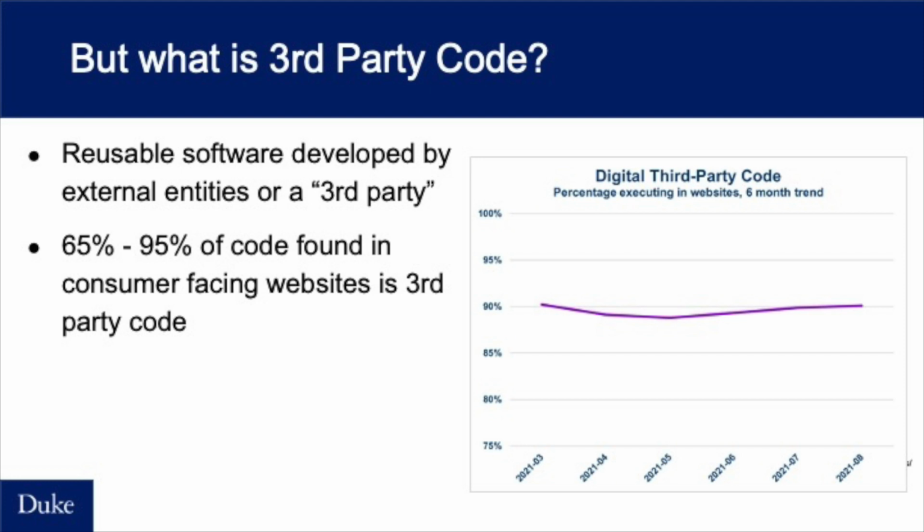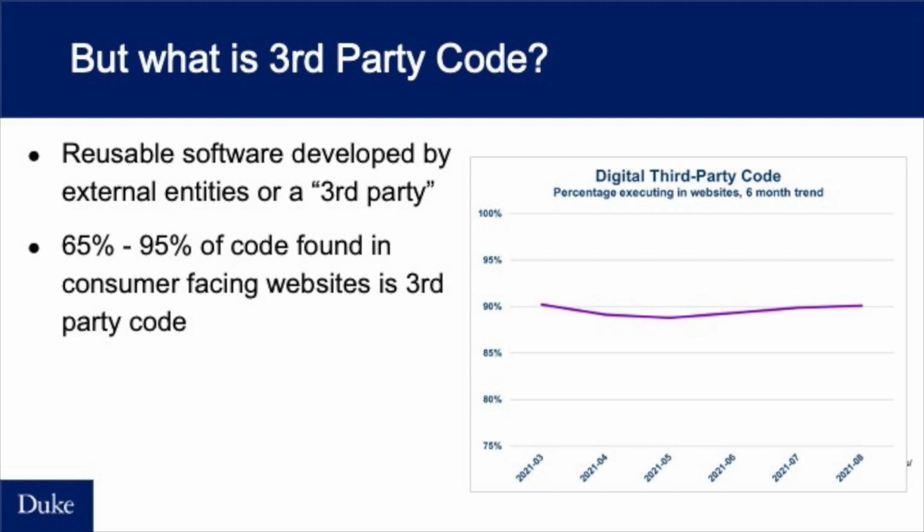Third-party code is reusable software developed by external entities, or a third party. Put simply, third-party code is computer code written into a website that is developed by an outside company whose website it's on.